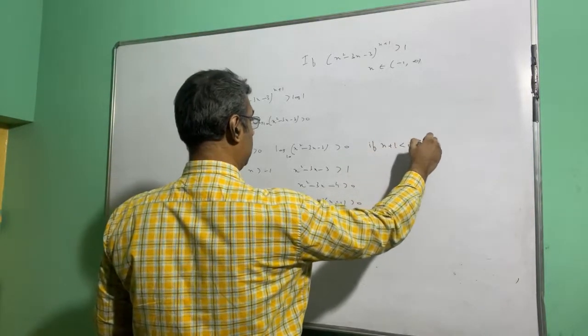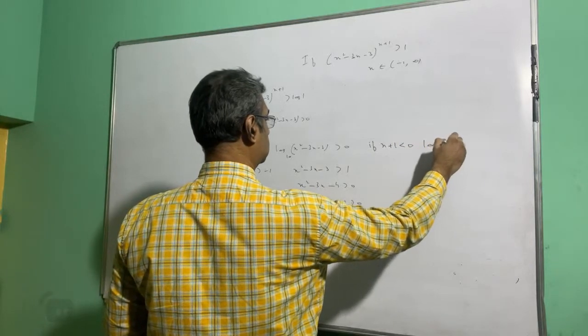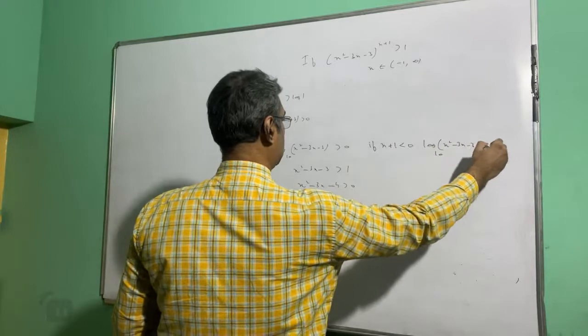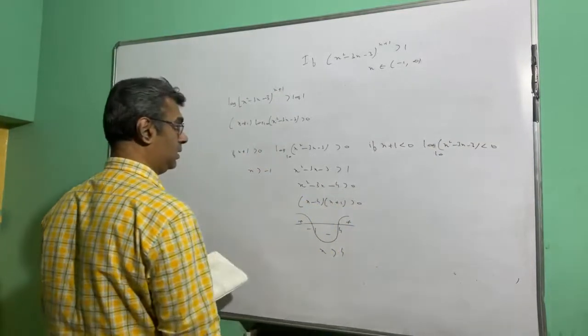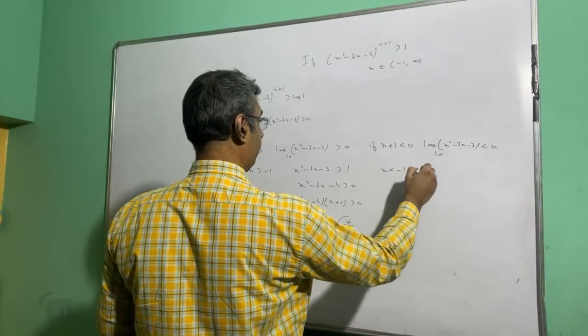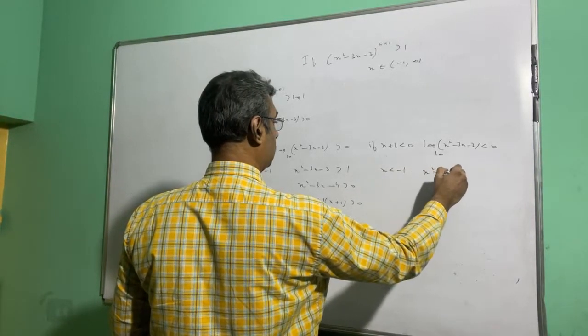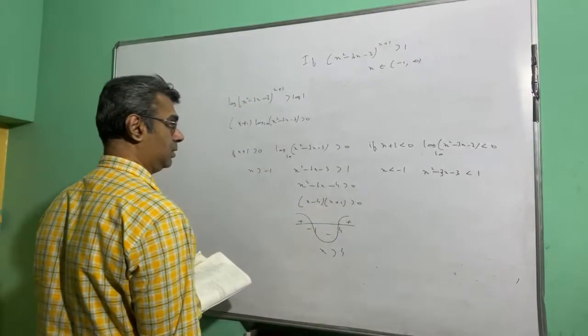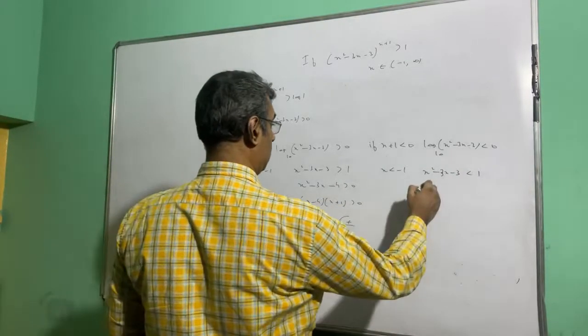x plus 1 is negative and log base 10 of (x square minus 3x minus 3) is negative. So x square minus 3x minus 3 is less than 1.